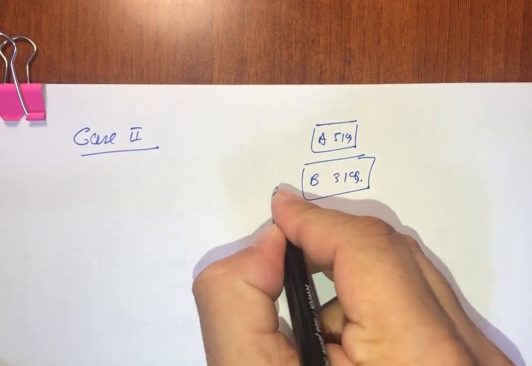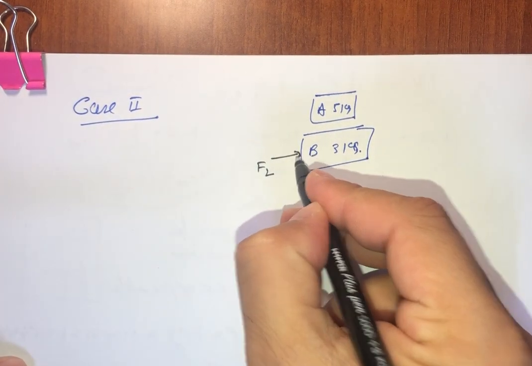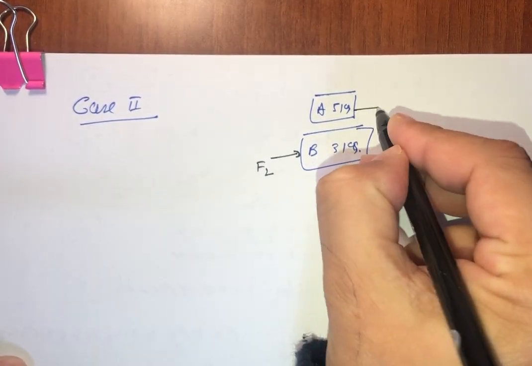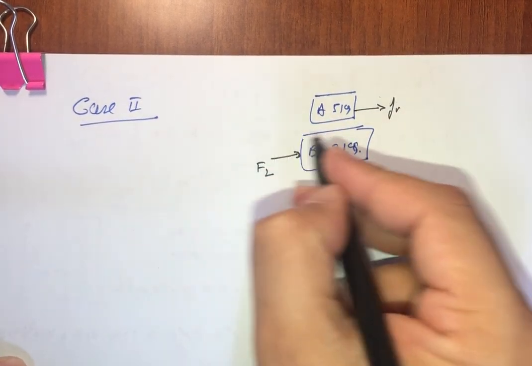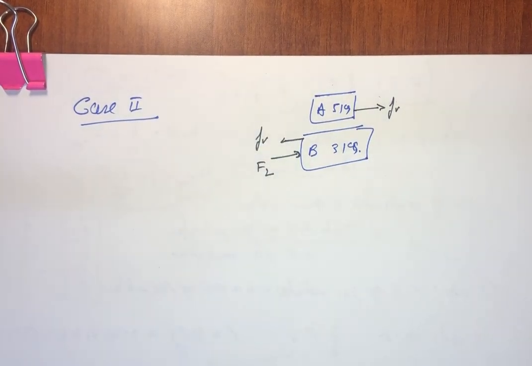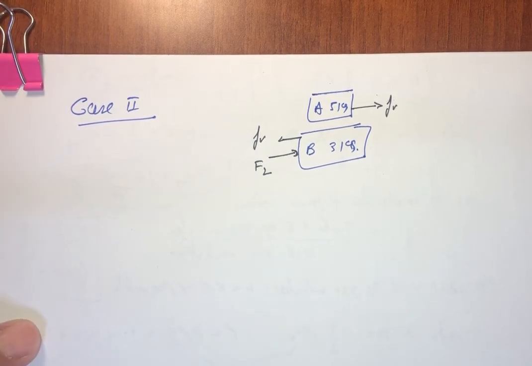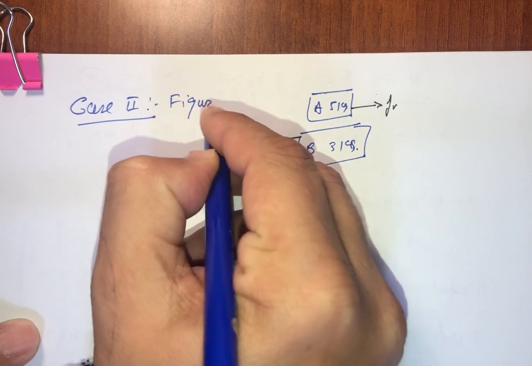F2 force is being applied on block B. So F2 will try to move block A, let us suppose with the friction Fr, so equal and opposite here will be Fr. Once again there is no relative motion between these two. So this is for figure B.